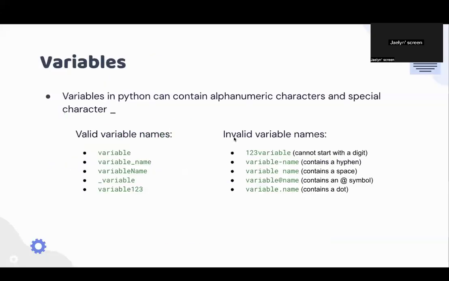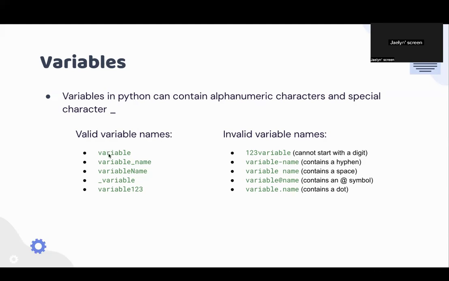All right, so we can start introducing Python with variables. Variable names in Python can contain both alphanumeric characters and the special character underscore. Here are some examples of valid and invalid variable names.